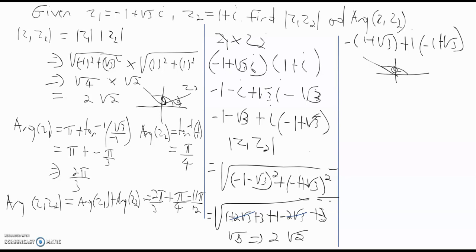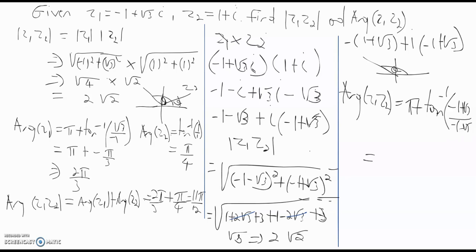Of course, once it's in the third quadrant, to get the argument, we're going to have to add pi to the tan inverse of the imaginary part over the real part. So we can say that the argument of Z1 Z2 is equal to pi plus tan inverse of the imaginary part, which is negative 1 plus root 3, over the real part, which is negative 1 minus root 3.